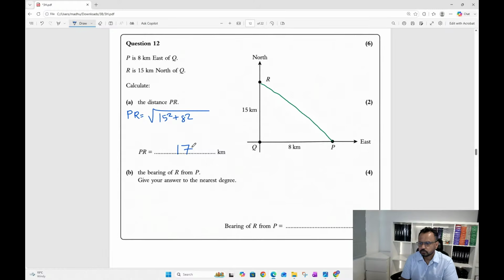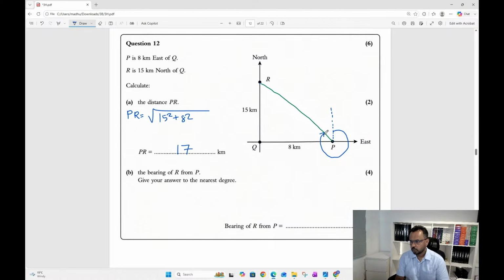The bearing of R from P. Okay. Now, guys, to find the bearing of R, here's how you need to think. Listen to this.